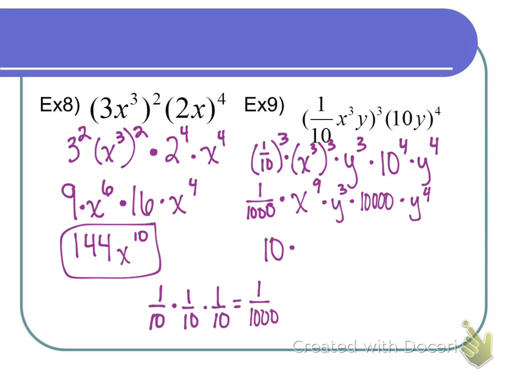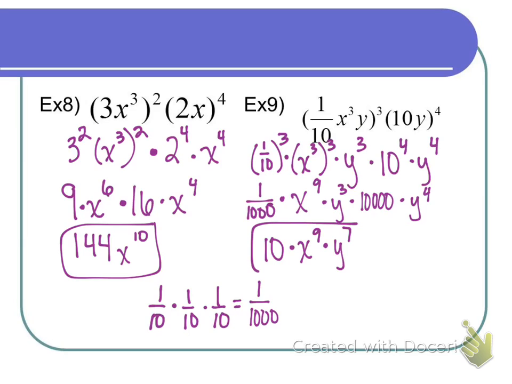Let's keep on building our answer. Is there anything to multiply with or simplify the x to the 9th? No, there are no other x's there. So x to the 9th comes down. We can multiply y cubed times y to the 4th on the end. Ellie, what do we get? Thank you, Ellie.